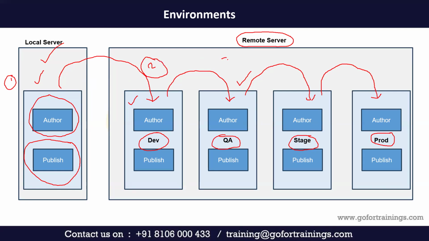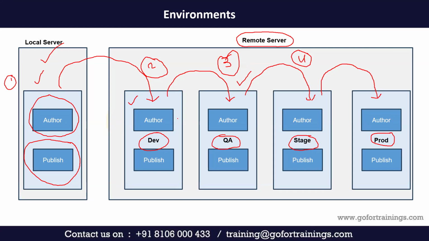The third level is QA testing on the QA environment. And the fourth one is stage UAT testing. Once these 4 tests are completed and the 4 different teams have agreed, only then can we deploy into the production environment.